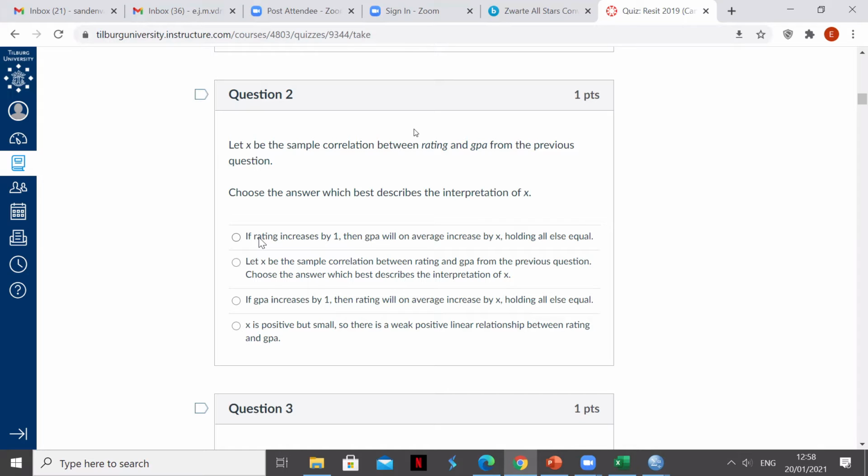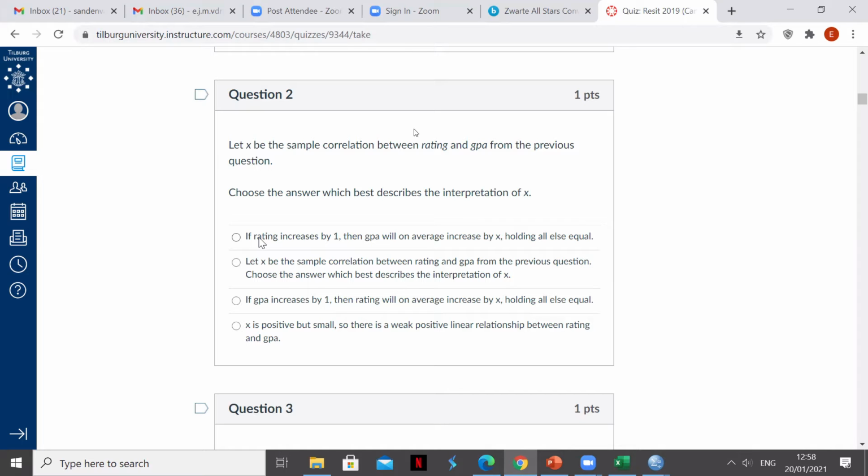But the thing is, like I said, if GPA increases by 1, it might happen that the average rating can increase by 10 or something. And correlation is about numbers that are between -1 and 1. It's about how strongly they are related, not by how much if one increases, the other one increases as well.